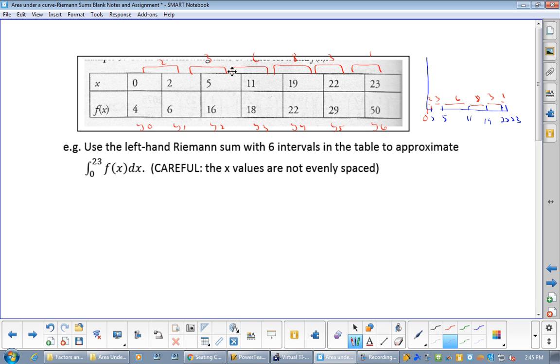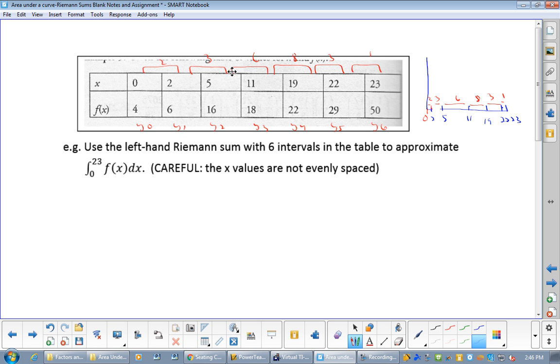So, first of all, our rectangles, we've already figured out the widths of each one. Okay, so how would we find our y's?